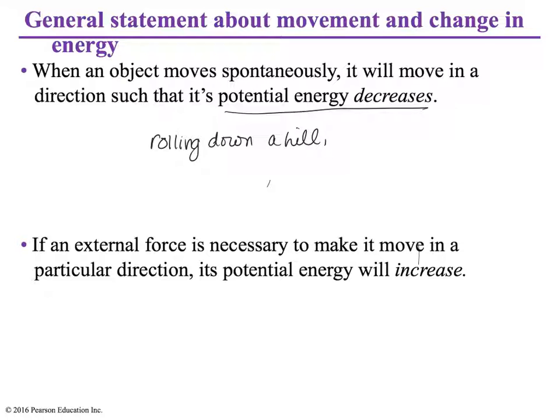If we use an external force to make it move in a particular direction, then its potential energy will increase. We could think of pushing a ball up a hill. The ball is never going to go up the hill by itself, but if we use an external force, we can move it in a direction that will allow its potential energy to increase.